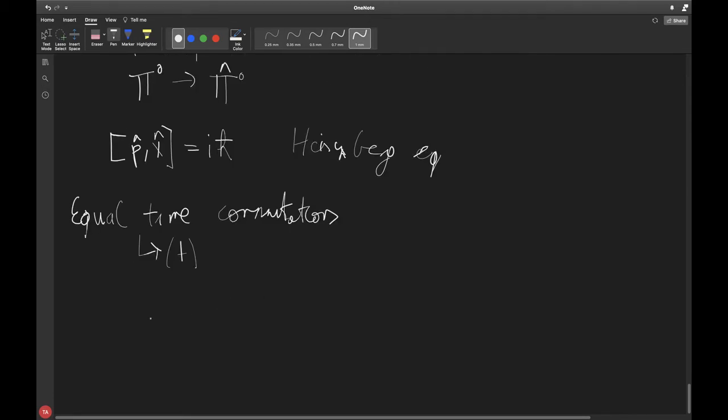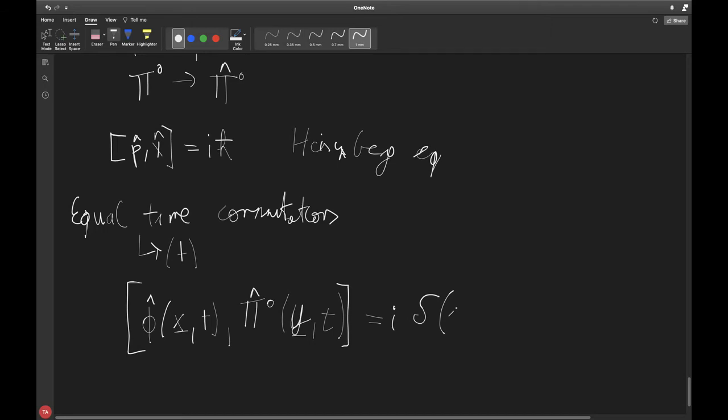So the phi operator now, which is at x space and t time, we take the commutator of that with the pi 0 momentum density at y, so it's a different location but the same t time, and so that's going to lead to, again, an i factor, and also the h bar, and then the so-called Dirac delta of these x and y vectors.